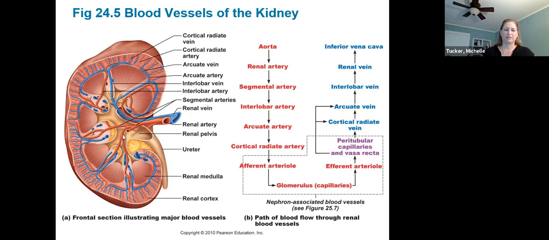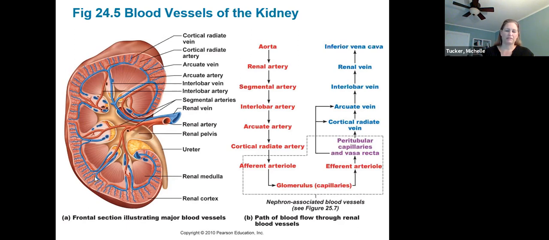The segmental arteries further branch into interlobar arteries. And then this arcuate artery is going to be very important. The arcuate artery defines the cortex from the medulla.